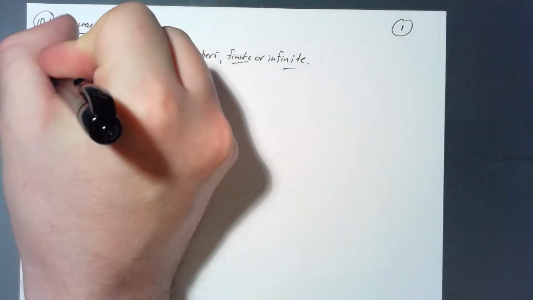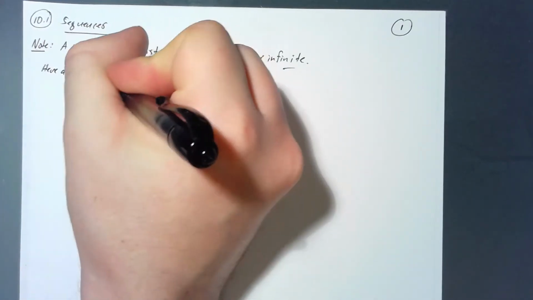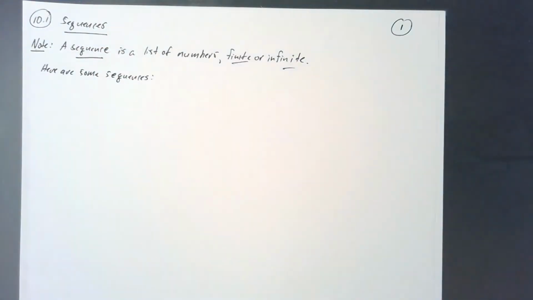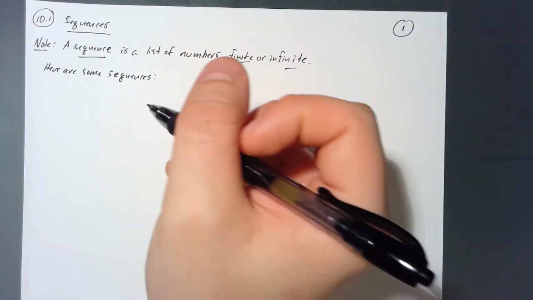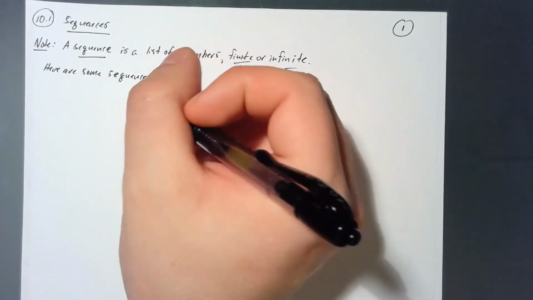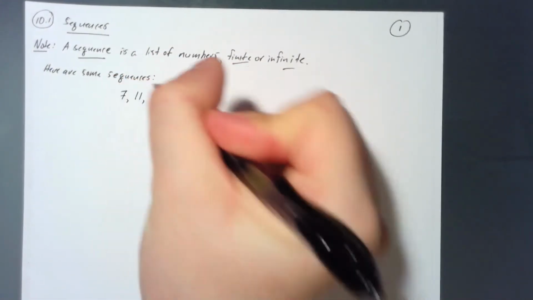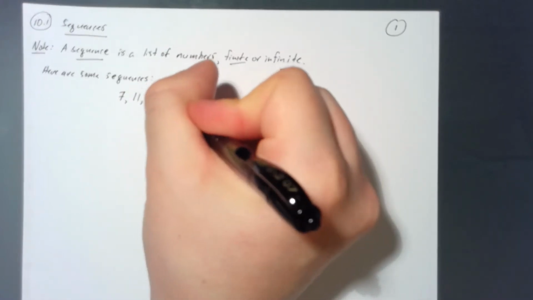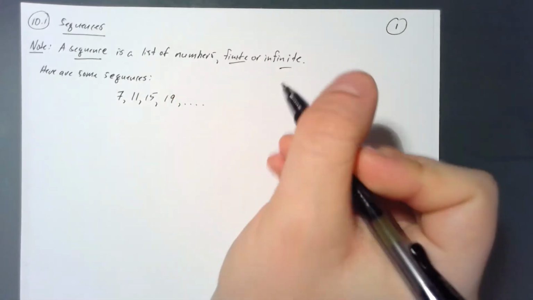Here are some sequences. So, there's literally infinite types of examples. For example, if I have the sequence 7, next term is 11, next term is 15, next term is 19, and so on.